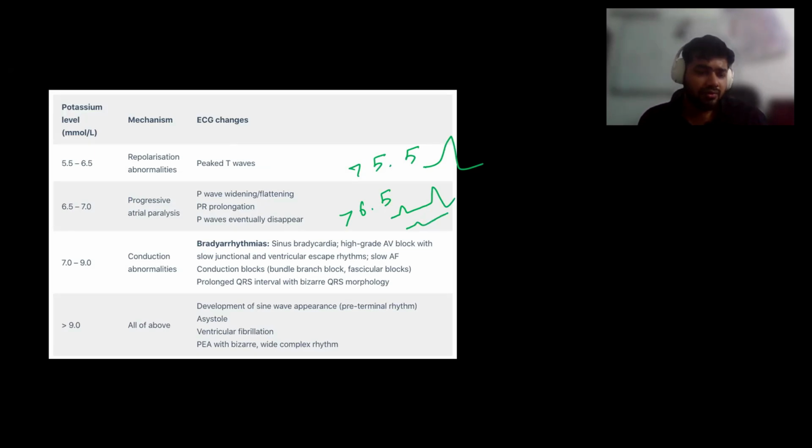For a serum potassium of more than 7, there will be both bradyarrhythmia as well as tachyarrhythmia and conduction blocks. For more than 9.0, there will be development of sine wave, which is a pre-terminal rhythm, as well as asystole and ventricular fibrillation.